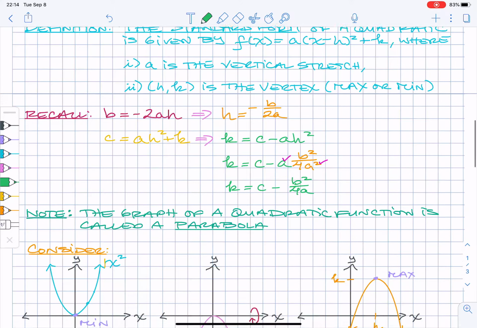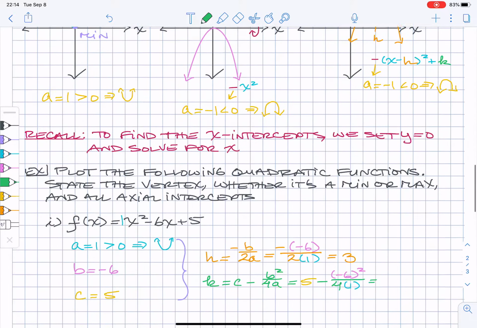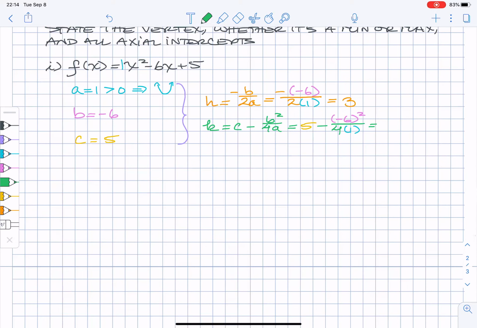Okay, got it. So what do we get here? We have 5 minus, well, 36 over 4 is 9, right? So that's going to be a negative 4.